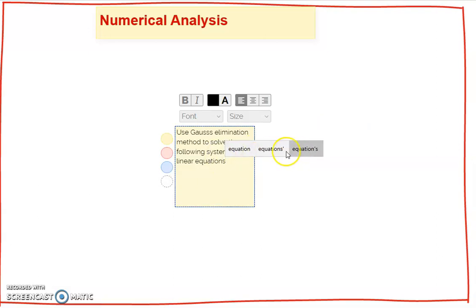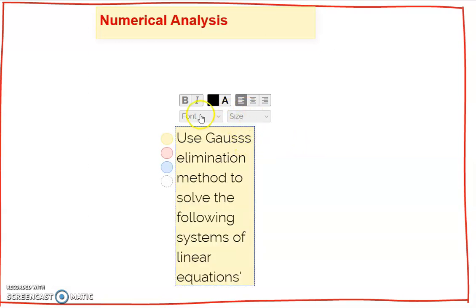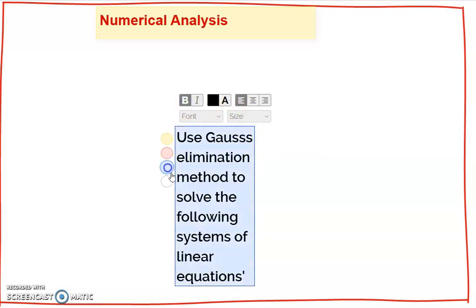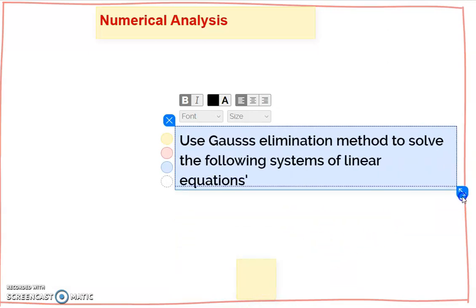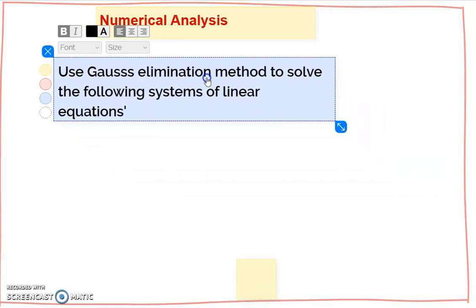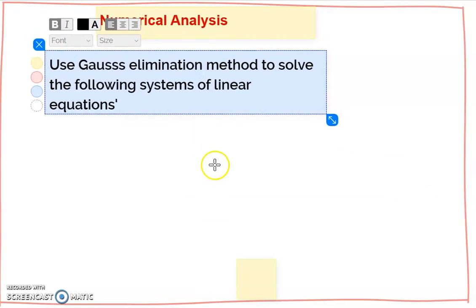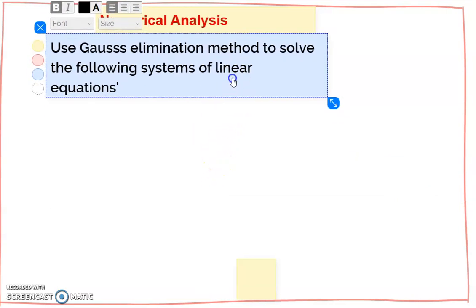So this is our question, and we'll be handling these particular questions on Gaussian elimination.